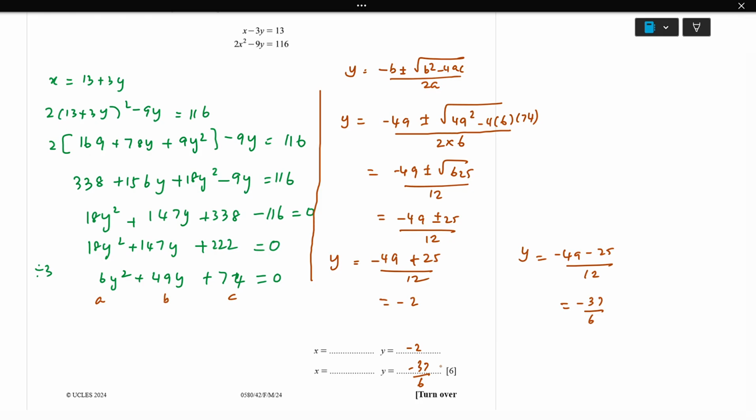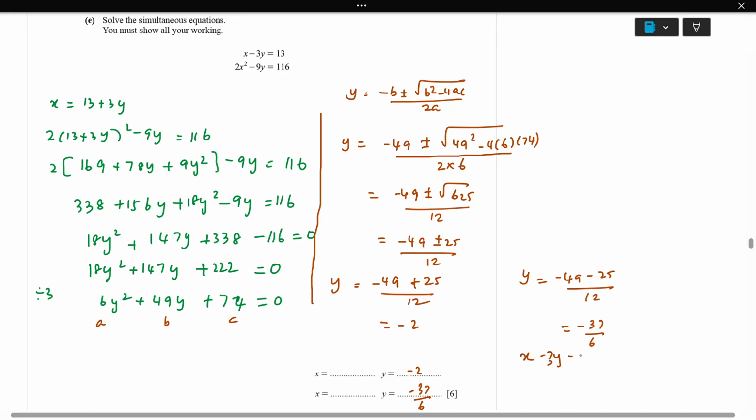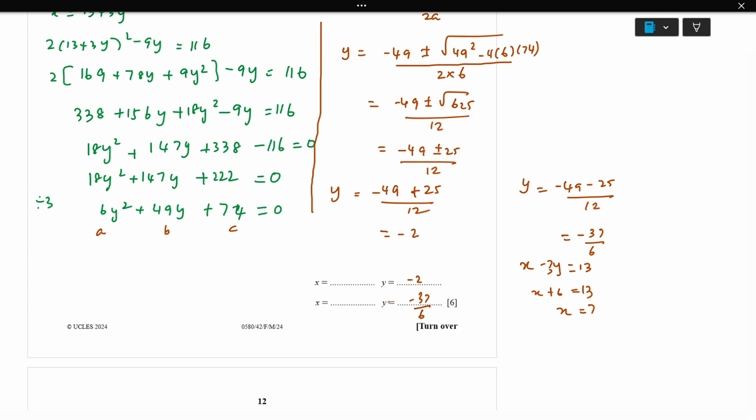Next, I put y equal to negative 2 in the given equation, x minus 3y equal to 13. So first, when I put negative 2 here, x plus 6 equal to 13, x equal to 7. So here the answer is 7. Then I'll put x minus 3 into minus 37 by 6 equal to 13.